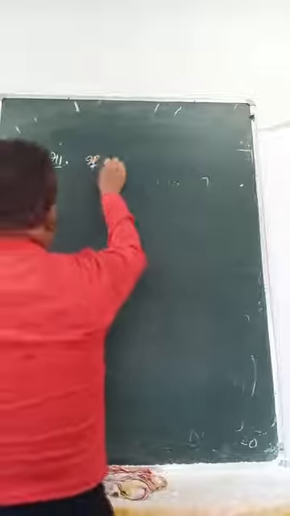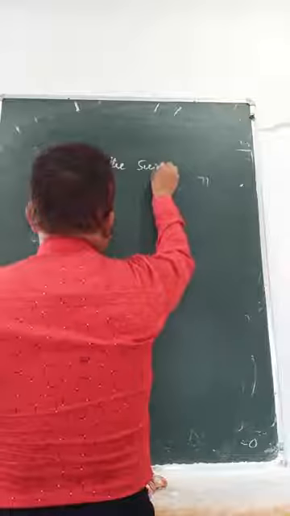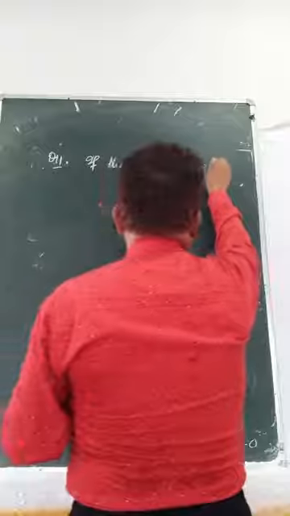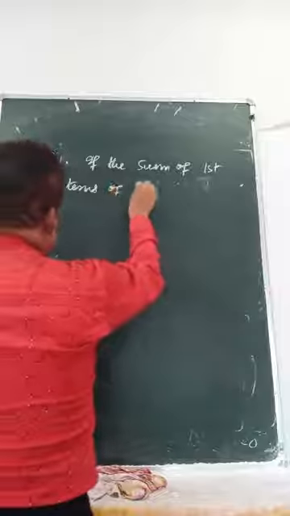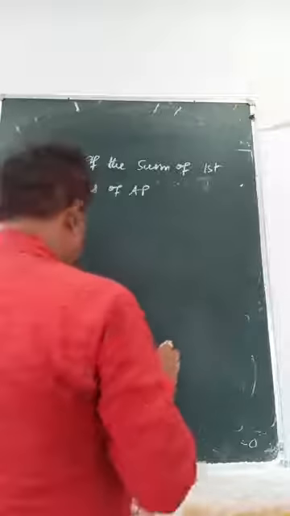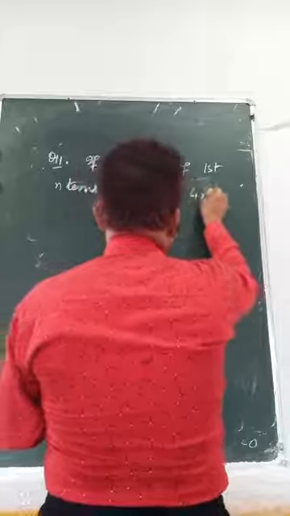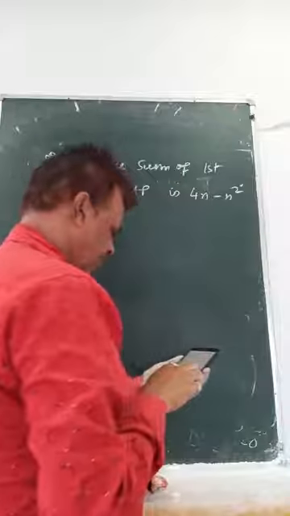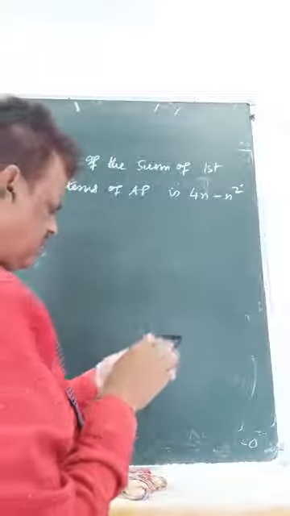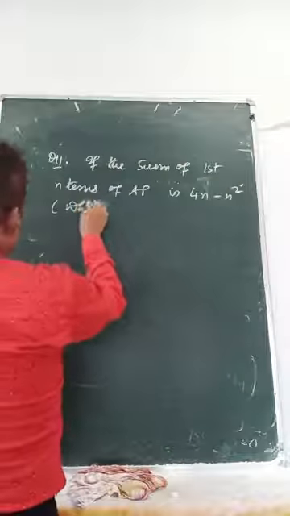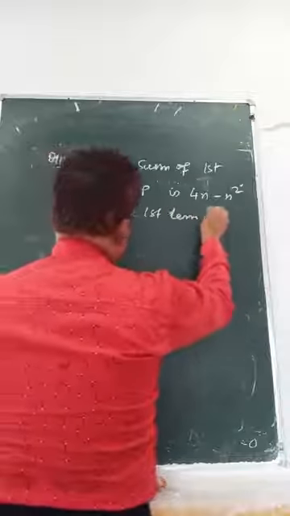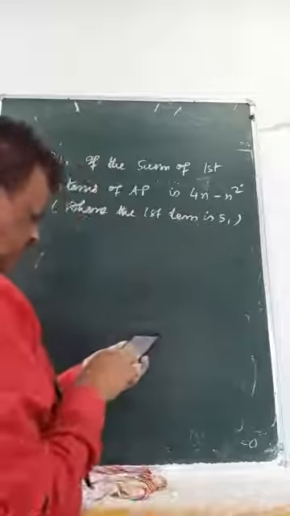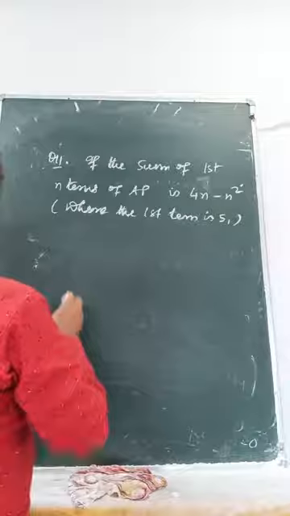If the sum of first n terms of an AP is 4n minus n square, where the first term is S1, what is the sum of first two terms?